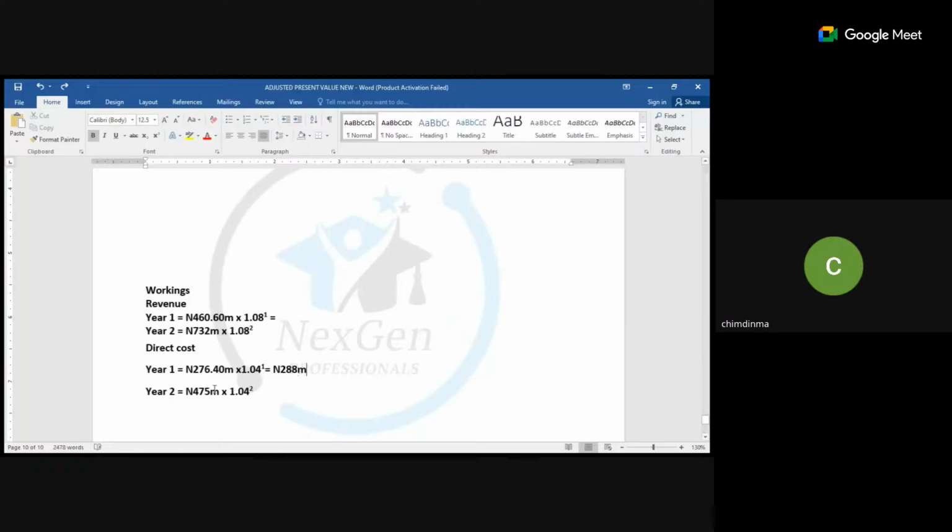The second year is 439.20 times 1.02 raised to power 2. Let's just ignore the sign. What do we have here?